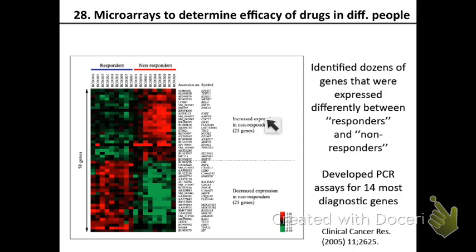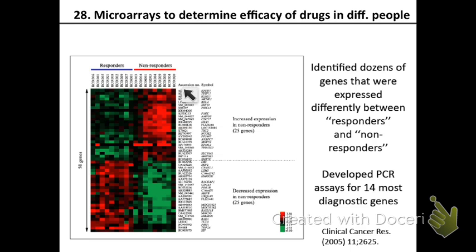So, for example, here, I forget what kind of disease this is, but it's looking for the gene expression profiles for a bunch of people. Each column here is a person, and these people were responders and these people are non-responders, and they look at the expression profile of a bunch of genes.